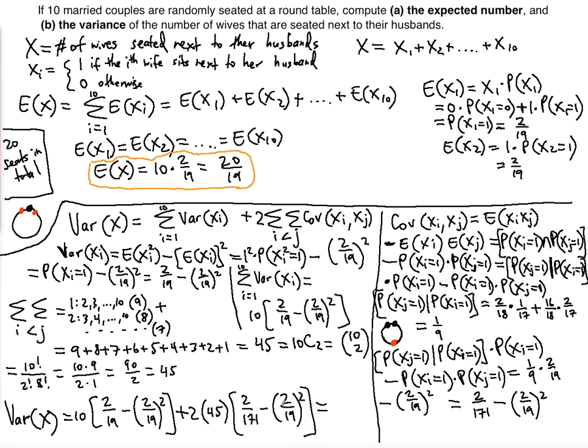Now it takes a lot to simplify this, but you can simplify this to a single fraction and it will yield this result, 360 over 361. Let me write that a little better. 360 over 361. So that's going to be your found variance of the number of wives that are seated next to their husbands.